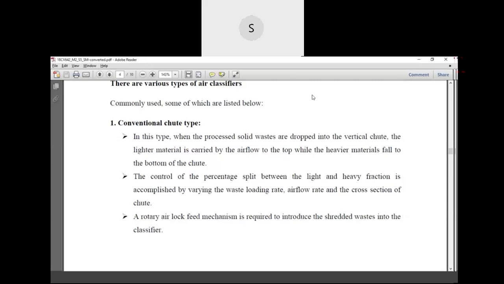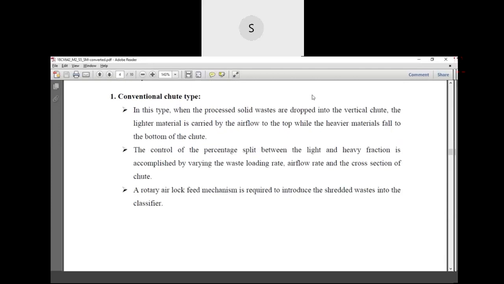So while designing the chute, these parameters will be considered, and hence the control of this split can be monitored. A rotary airlock feed mechanism is required to introduce the shredded waste into the classifier.